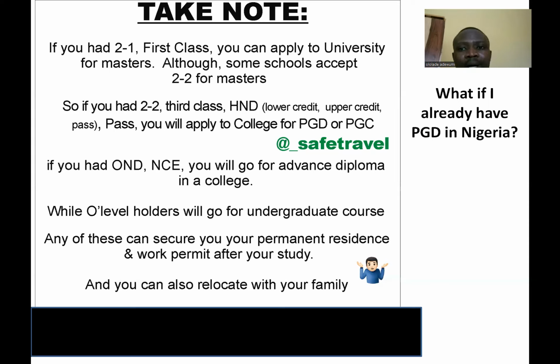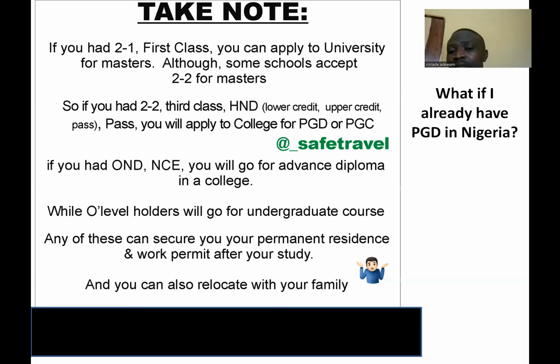Or you can say, I have PGD already in Nigeria. Take note, you cannot use your PGD to go and do masters in Canada. You cannot use your HND to do masters in Canada. The requirement for masters in Canada is BSc, not PGD or HND. So even if you have PGD, that doesn't mean you will go and do masters in Canada.